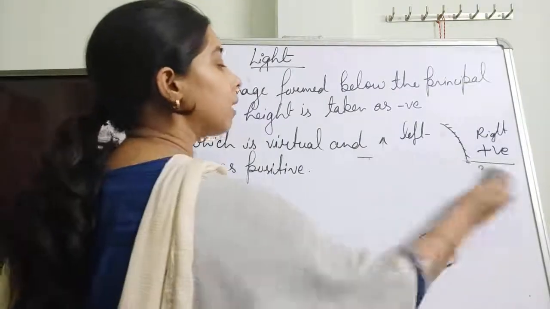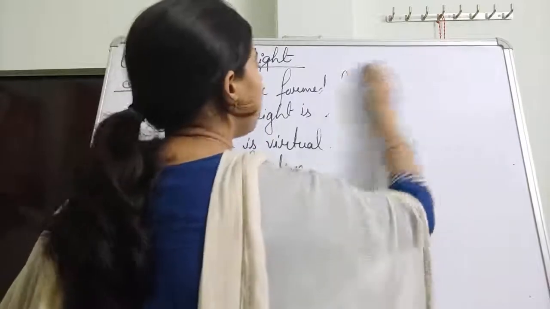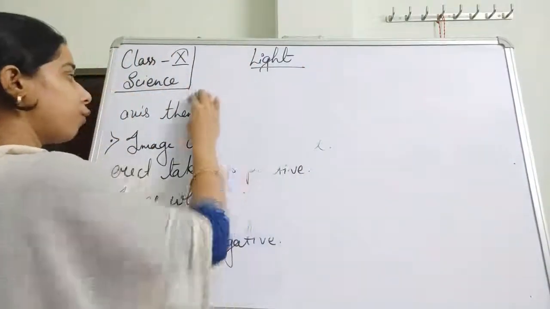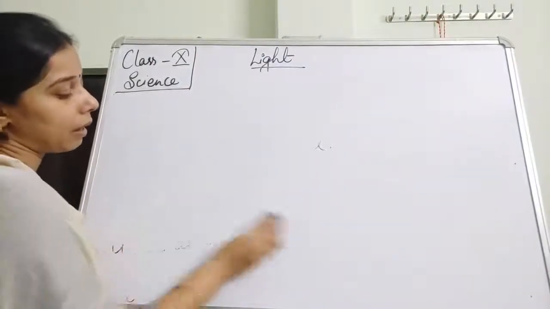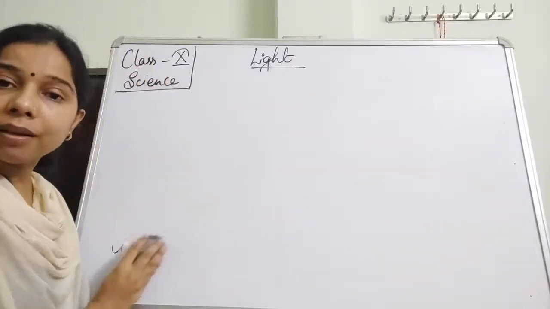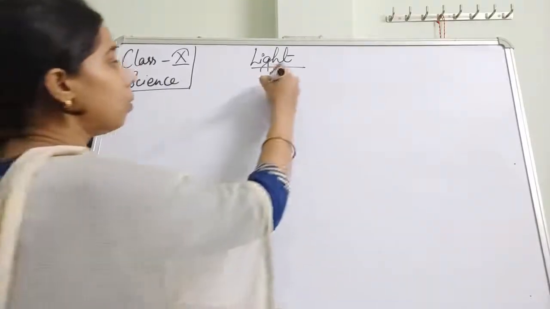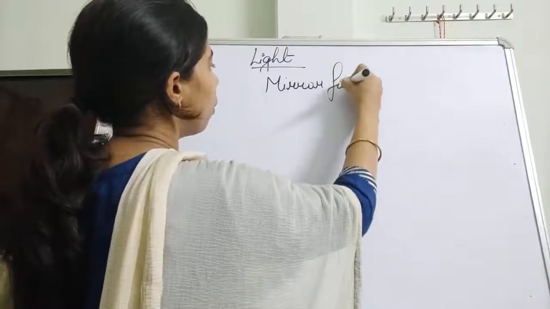For that, there is a relationship between the object distance, image distance and the focal length, and this relationship is represented by a formula that we call the mirror formula, students.